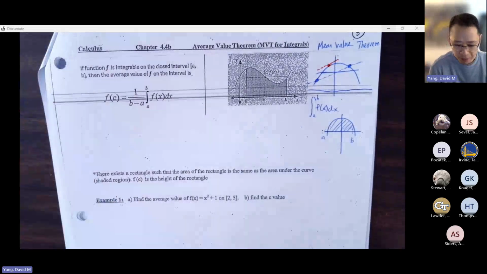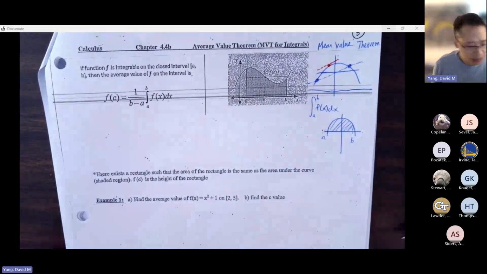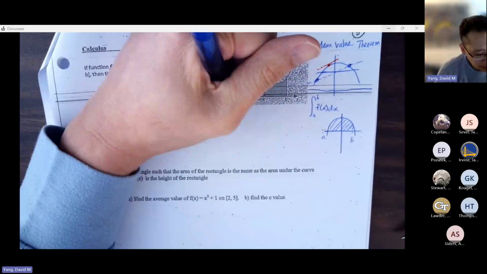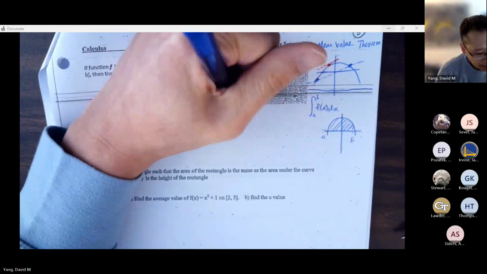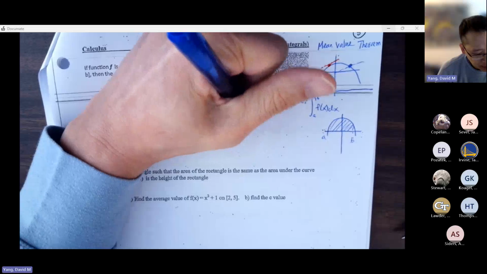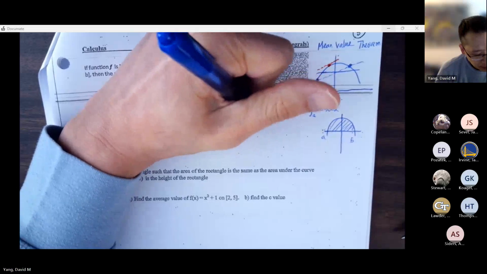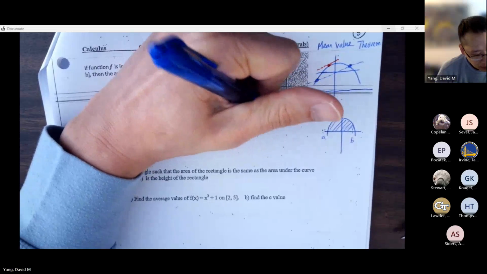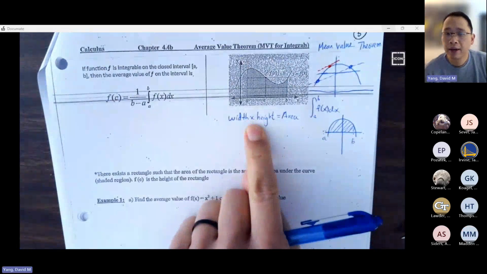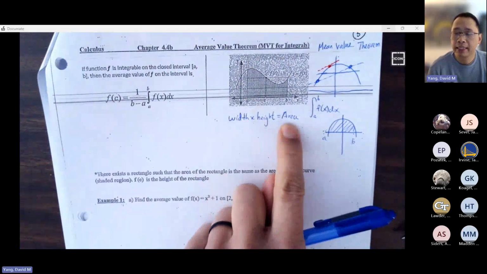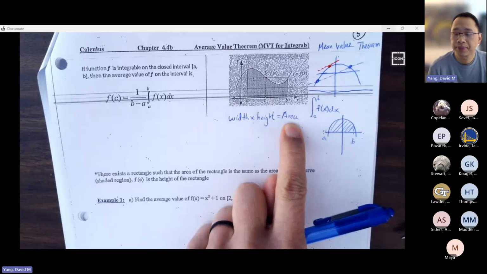So if we think about what an area formula looks like for rectangles, we know that area is basically width times height. Width times height of a rectangle equals the area of that rectangle.